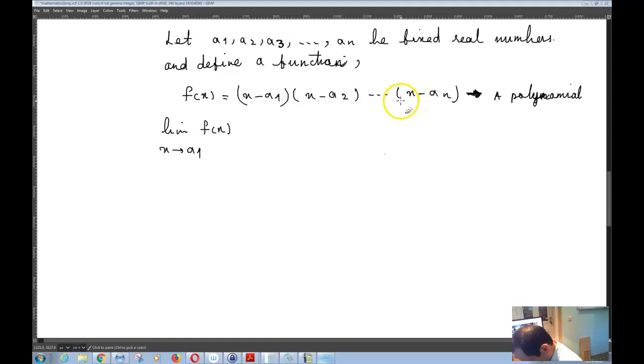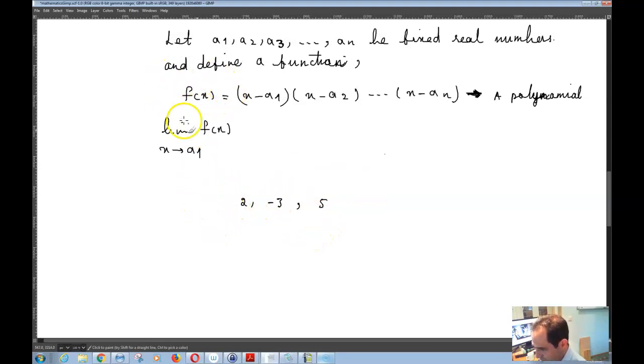for example, let's make up some polynomial. For example, let's say that 2 is the zero of a polynomial, negative 3 is the zero of a polynomial, and positive 5 is the zero of a polynomial, these three numbers.